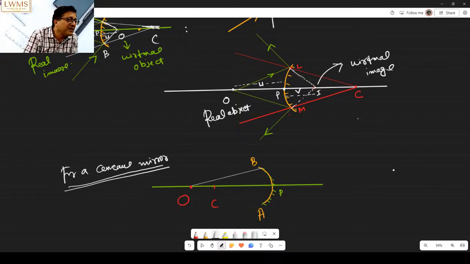It will obey the law of reflection. So what you have to do? You have to draw the normal. This is the normal drawn at the point of incidence. CN1 is the normal.